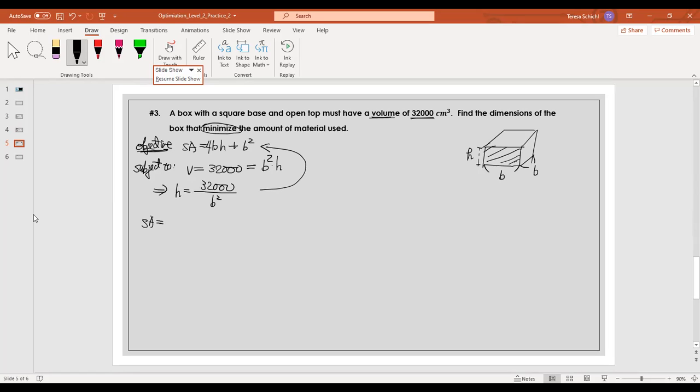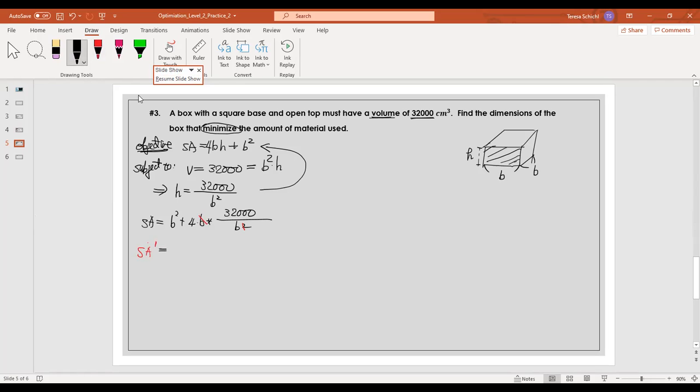So the surface area will be b squared plus 4 times b times h. What is h? It is 32,000 over b squared. Here you can cancel one b, and it will be simplified when you take the derivative. Now for the surface area, I'm taking the derivative.